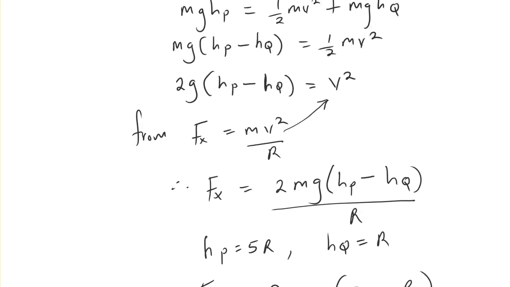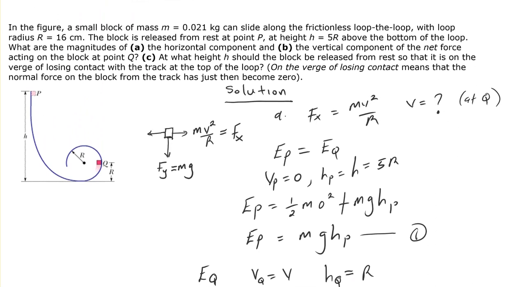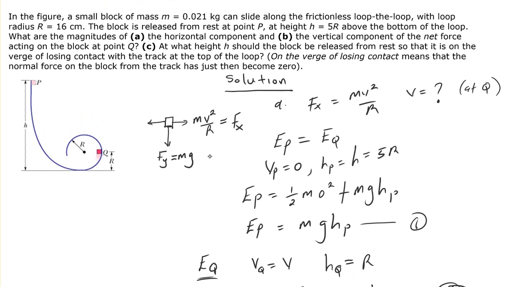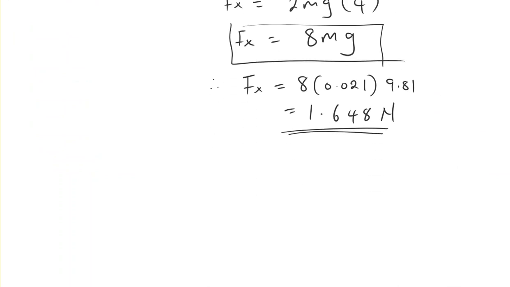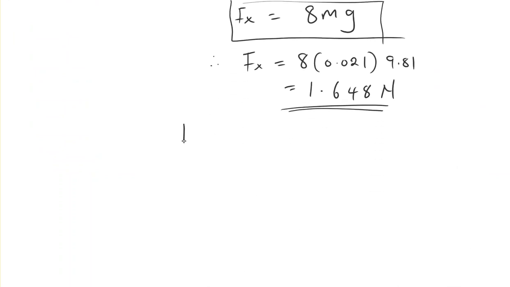Now remember, from our free body diagram, the vertical is just the weight of the block. So for question B, we have Fy is just mg.